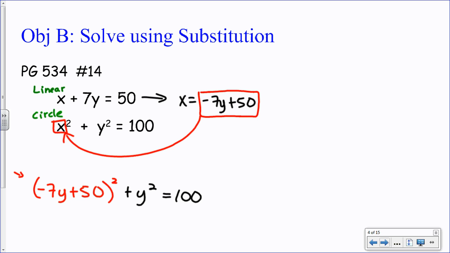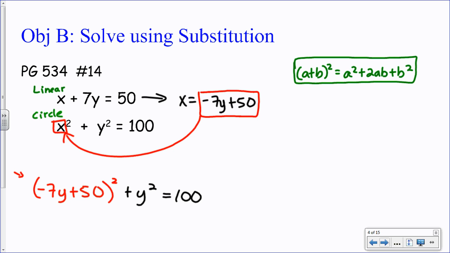So you can either, to the side, write it twice and FOIL, or remember your shortcut for a binomial square. Okay, so that's what I will use, but you can always take it to the side and FOIL.